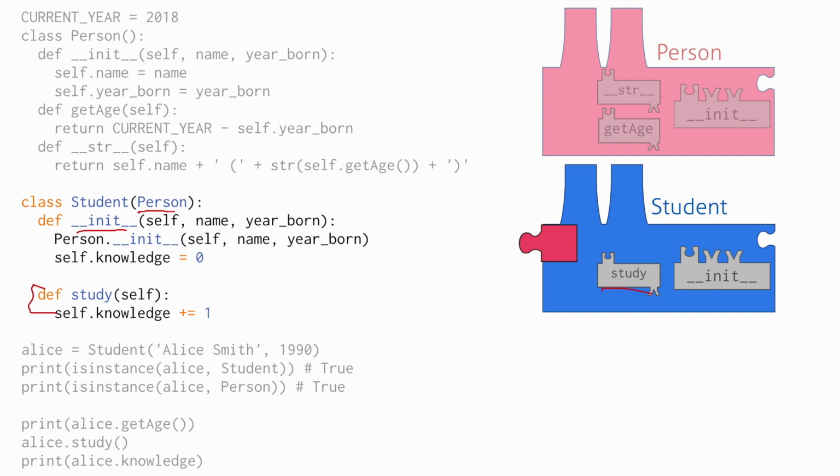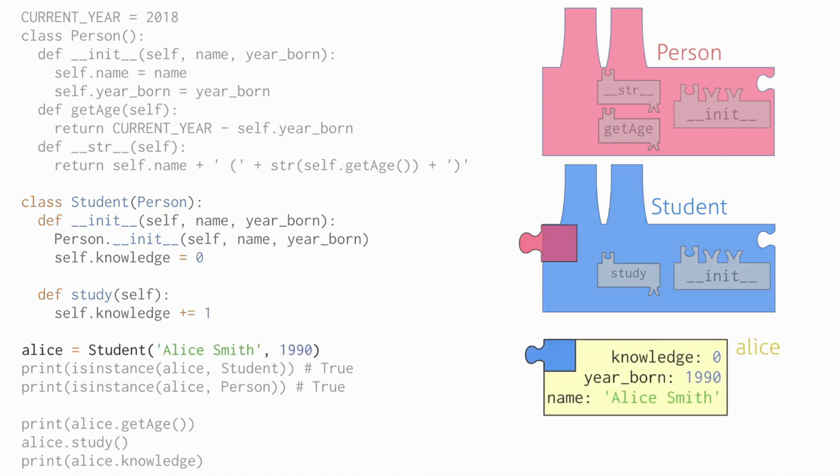Every student not only has name and year born, which it gets from the Person class, but it also has an instance variable for knowledge, which calling student.study is going to increment. And then here I create an instance of Student named Alice, whose name is Alice Smith and year born is 1990.